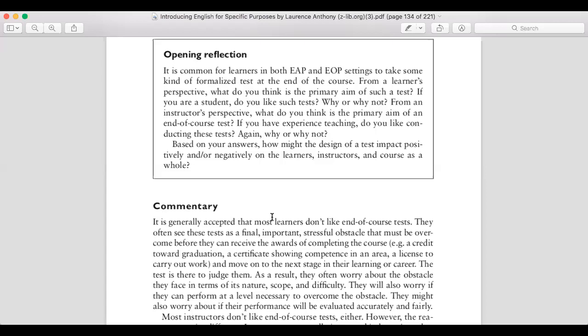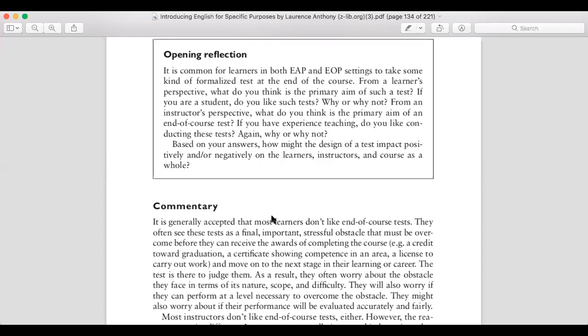And because of these problems, the fairness of these tests becomes a question. Okay, how fair are these tests? And then validity, of course, remains another issue. We are going to do this validity in detail in a while, but for now, what we are reflecting on is why these tests are conducted, especially the year-end test, if it's an annual system, or term test if it's a semester system.